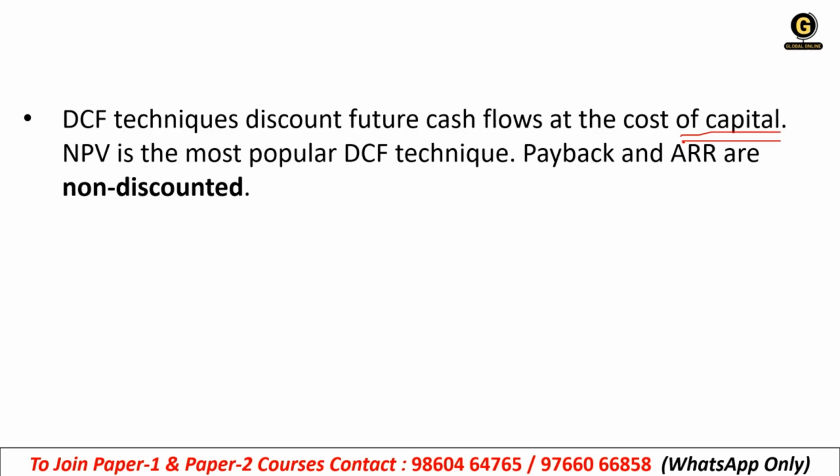Remember this: DCF techniques discount future cash flows at the cost of capital, and NPV is the most popular DCF technique. So basically NPV is included in the DCF techniques.